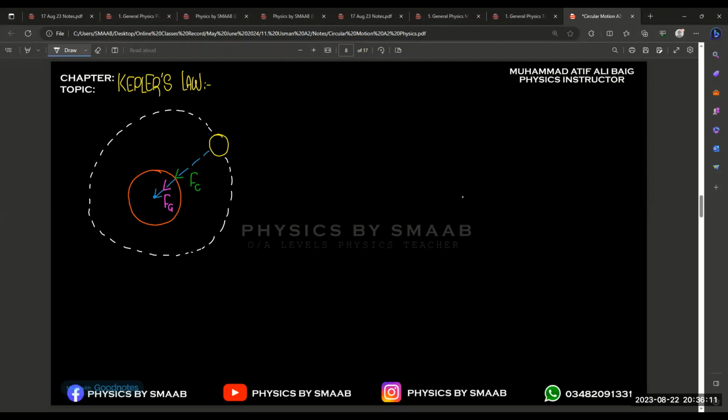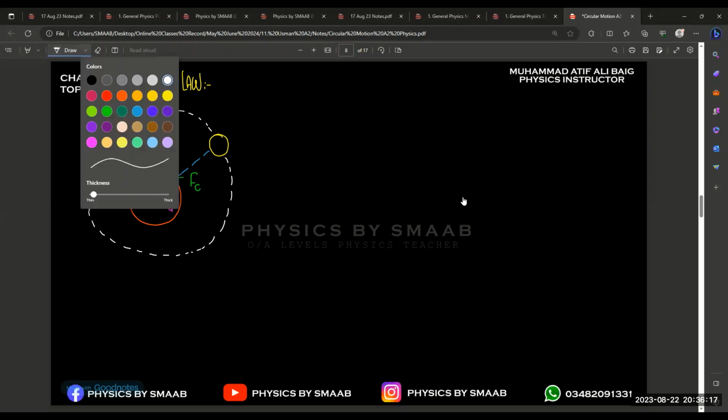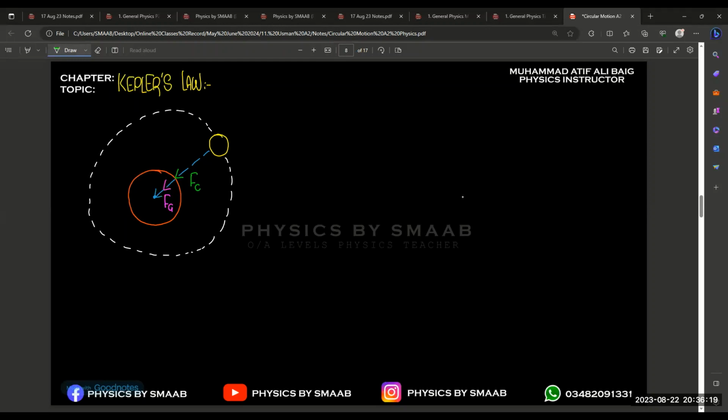We know that when an object is moving in a circular path, the direction of velocity is always tangent to the circle. This will be the direction of linear velocity or linear speed, right?